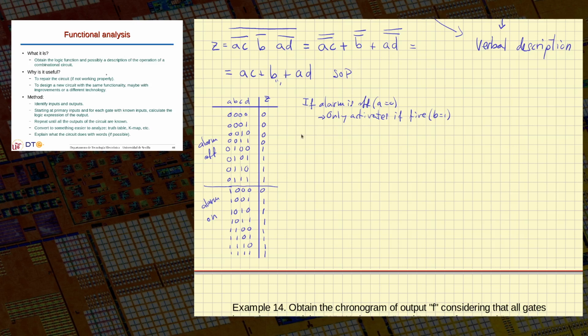Okay, now but if the alarm is on, now A equal to 1, I have this part here. And in this case, if the alarm is on, I see that the alarm will ring in almost any condition.